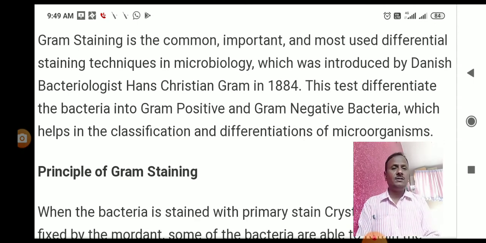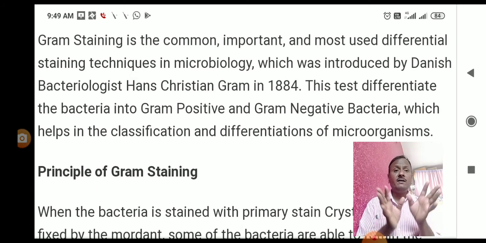It is important because this method is also called the differential staining technique. We can differentiate two different types of microorganisms in one staining process.